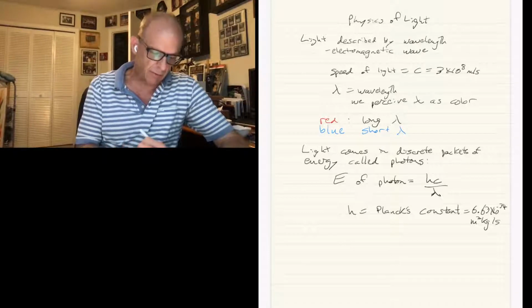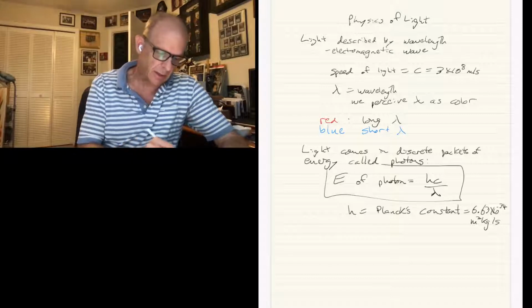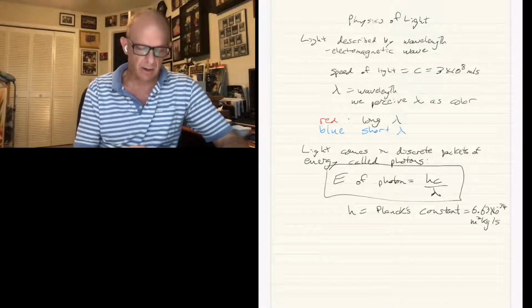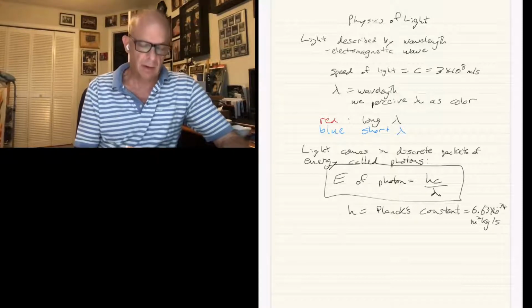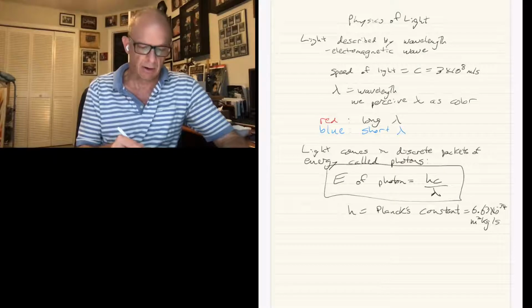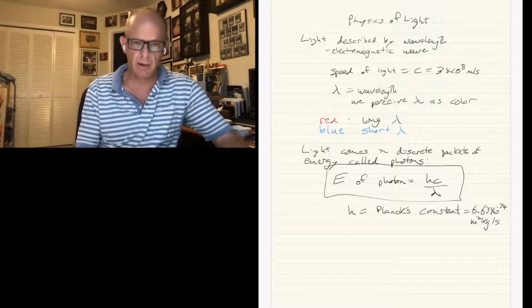The important thing to get from this equation is that the smallest amount of energy that you can have of a light of a wavelength lambda is given by this equation. So if you specify the color of light, I can only have it in packets of energy given by whatever those three numbers work out to if you put them in your calculator, h times c divided by the wavelength of light.